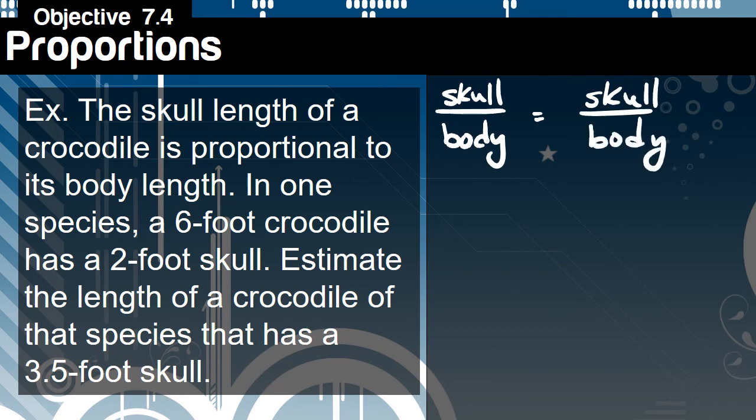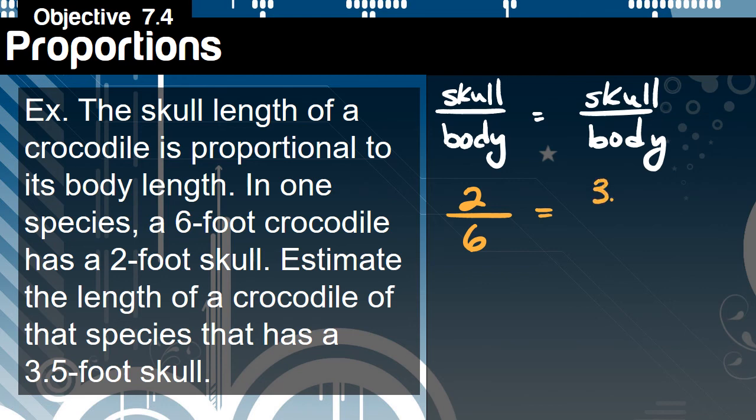We're just writing out the words so we can set up our proportion correctly. In one species, a 6-foot crocodile has a 2-foot skull. So we can put 2 on the top because that's the skull, and the body is 6 feet. We're going to estimate the length of a crocodile of that same species that has a 3.5 foot skull.